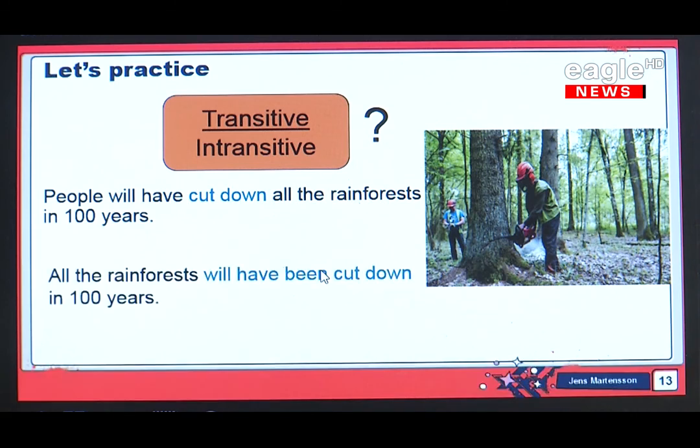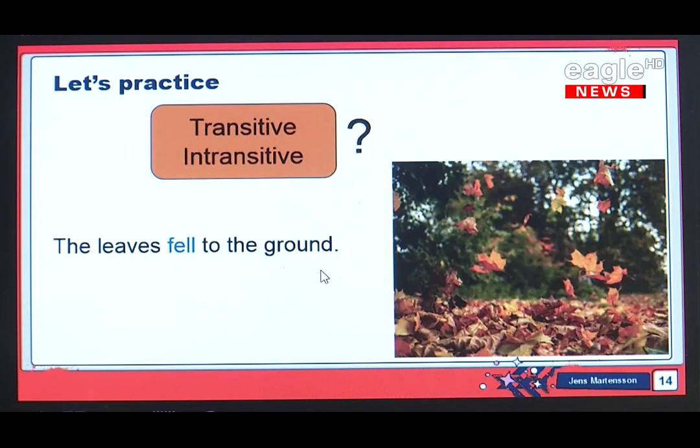Now let's see. All the rainforests will have been cut down in 100 years. Next example. The leaves fell to the ground. Fell, is it a transitive or intransitive verb? Intransitive verb. So we can't change into passive.